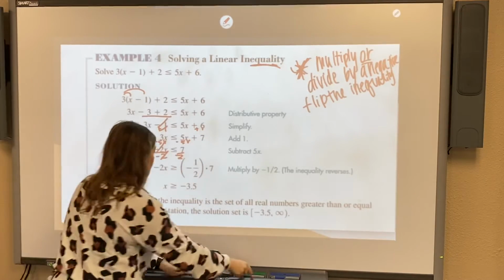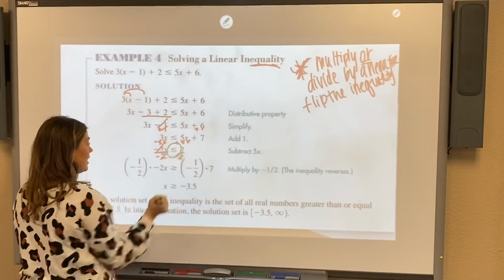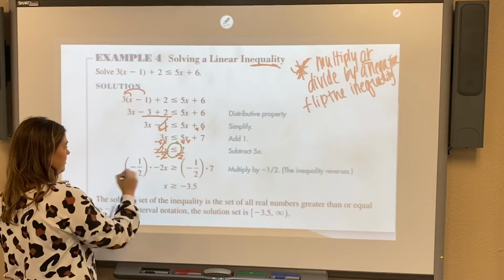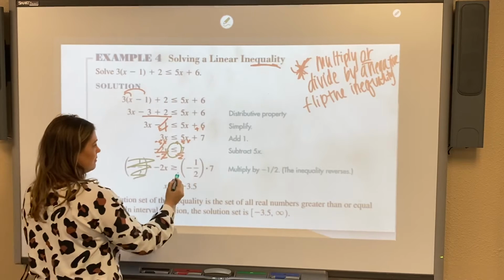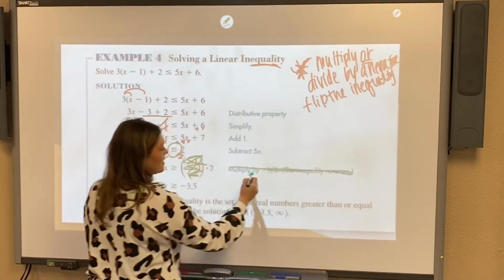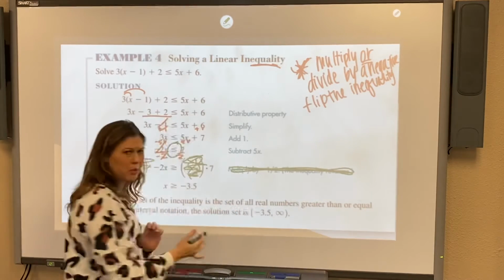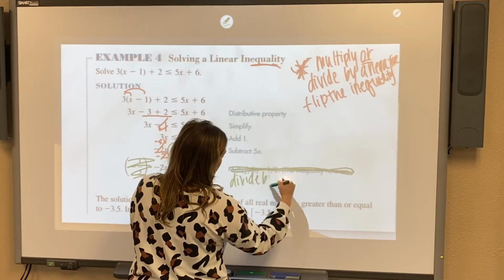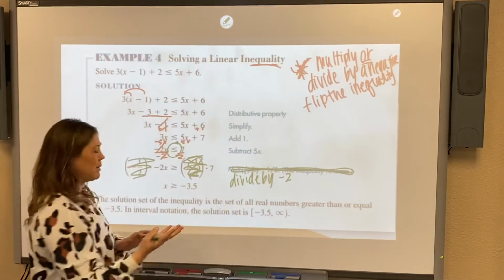So this inequality right here, it was a less than or equal to. We're not going to multiply by 1/2. I mean, it's the reciprocal, so we're going to divide by a negative 2, which is the exact same thing.